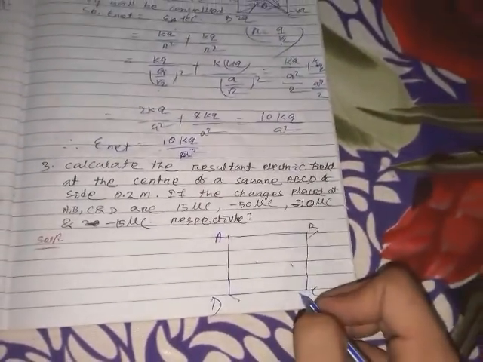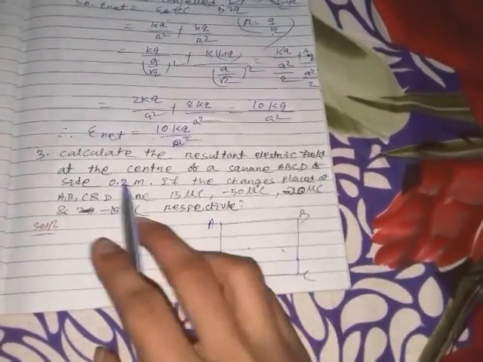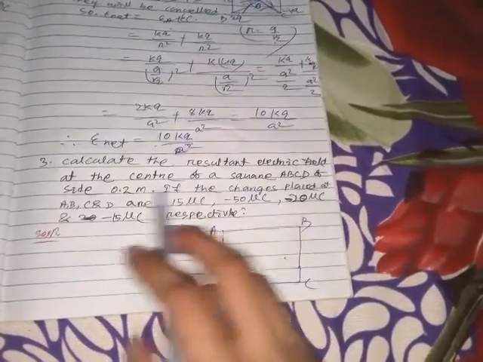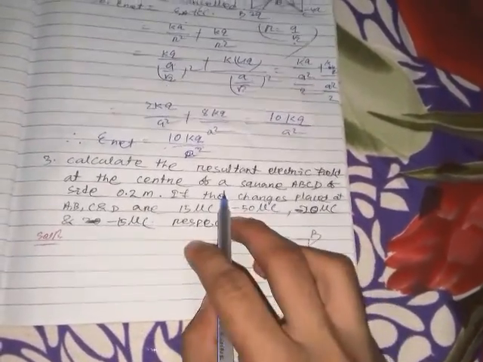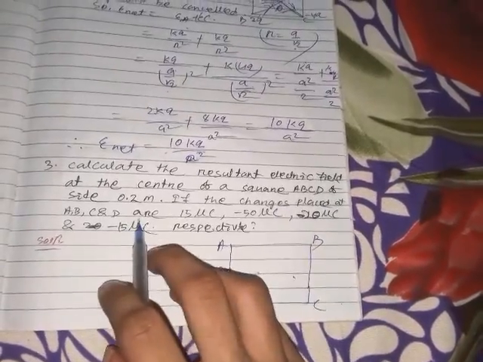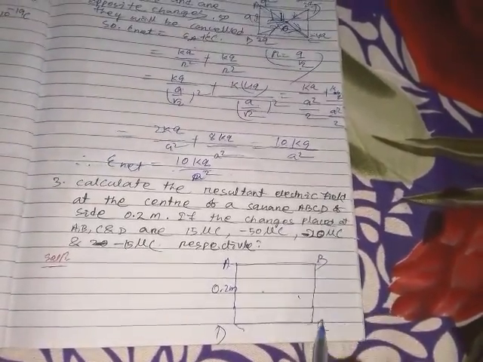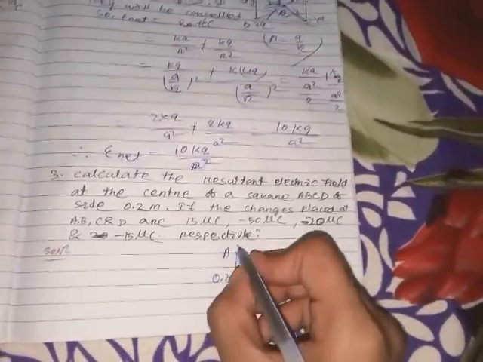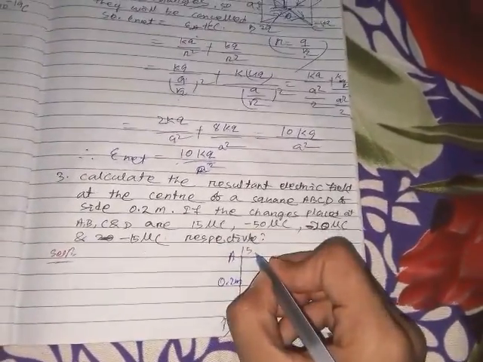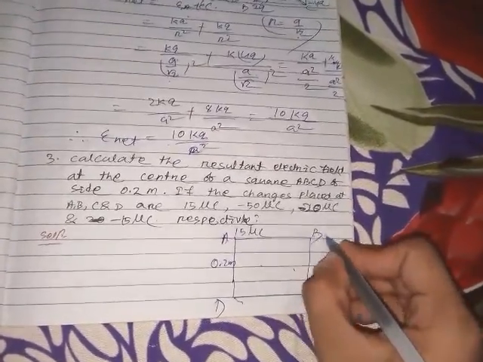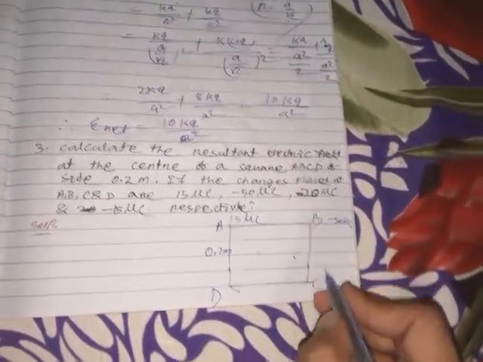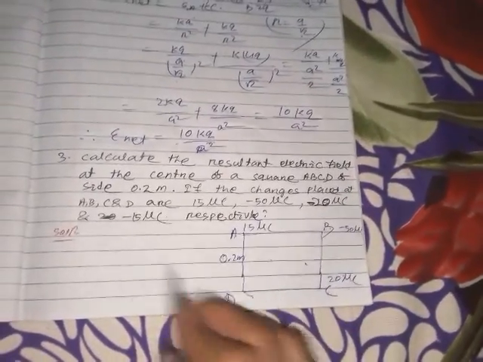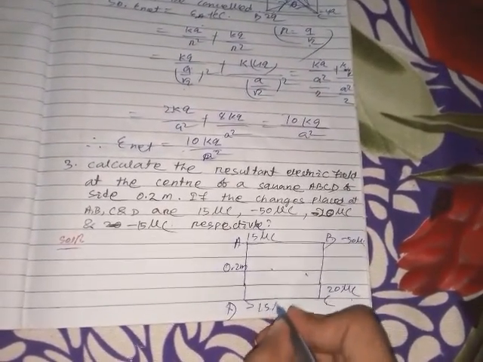At the center of square ABCD of side 0.2 meter, the charges placed at A, B, C, D are A 15 microcoulomb, B minus 50 microcoulomb, C 20 microcoulomb, D minus 15 microcoulomb.